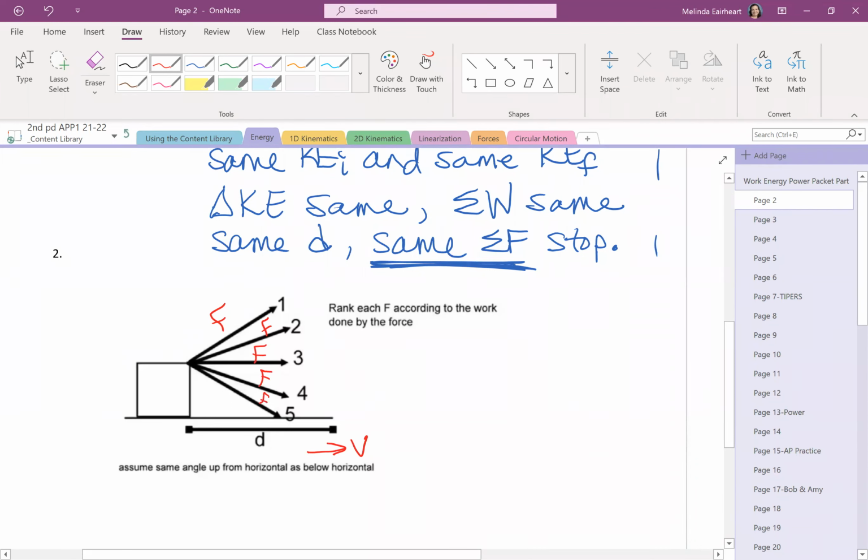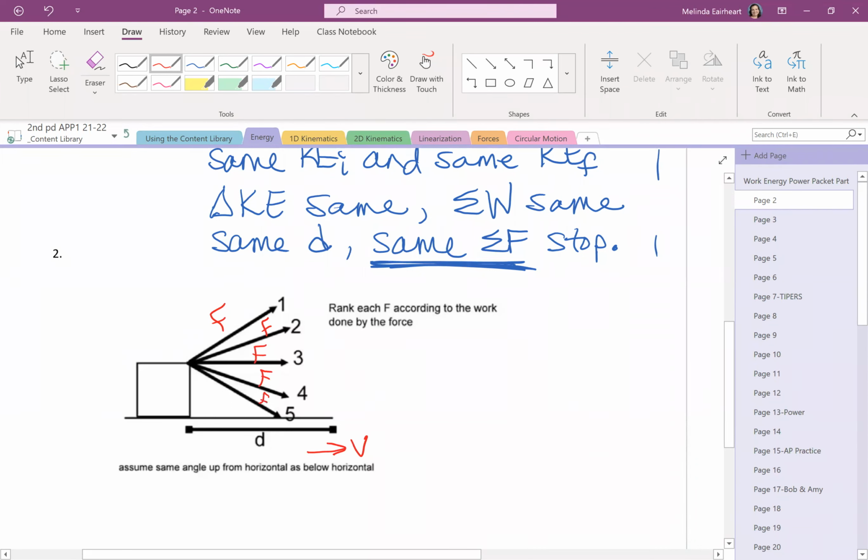Notice that 1 and 2, well, this is like our pulling above the horizontal, right? 3, you're pulling straight parallel to the surface. And 4 and 5, it's like our shopping cart example, right? They're getting pulled into the ground, below the horizontal. That doesn't mean the cart's going underground.